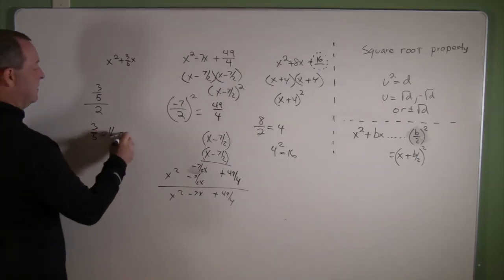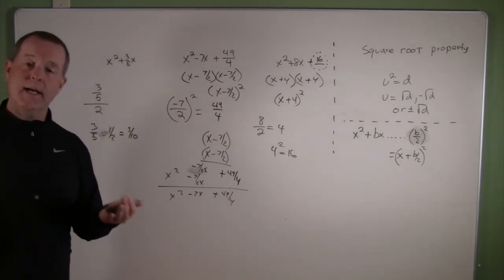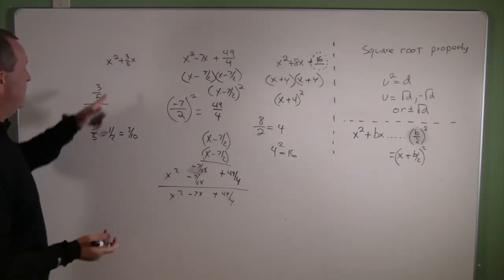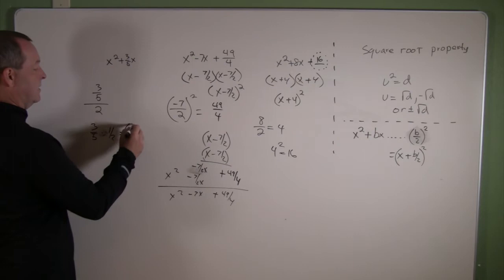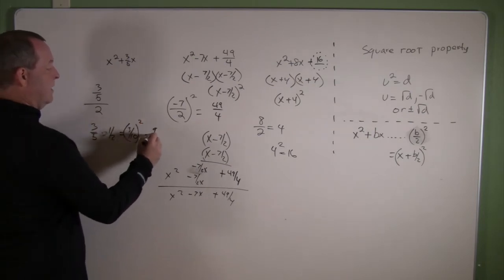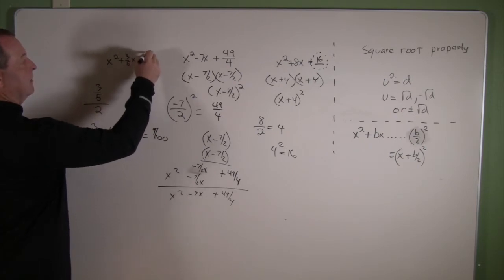And that produces a 3/10. Once I have my 3/10, which is this middle number divided by 2, I square it, and I'm left with 9/100. So that's the magic number.